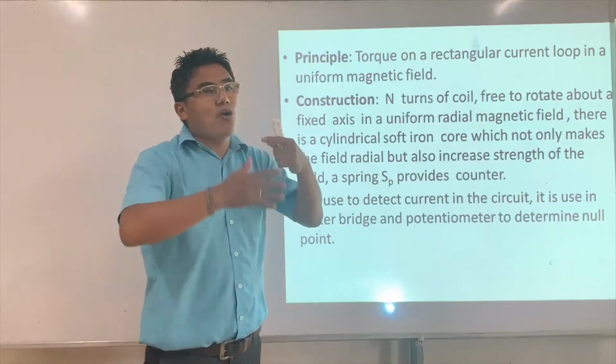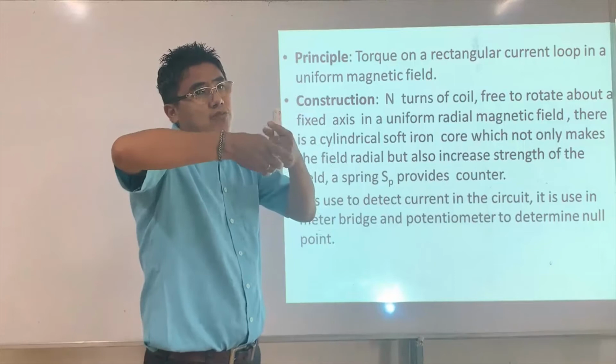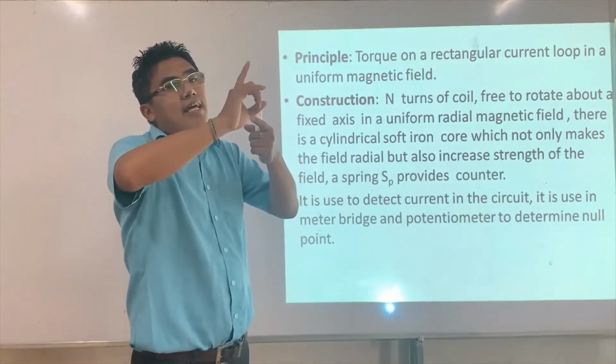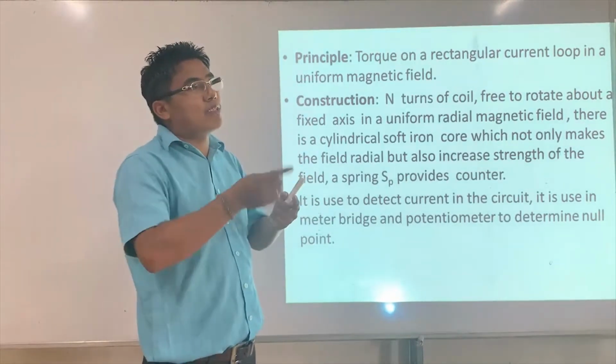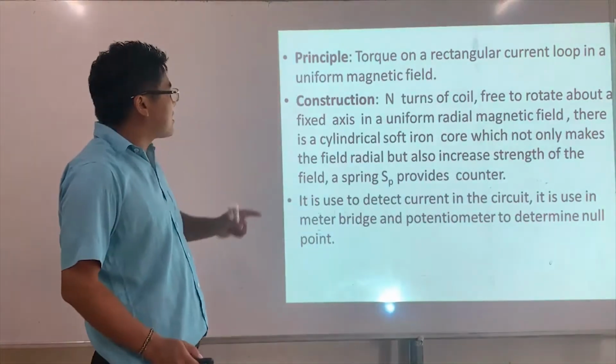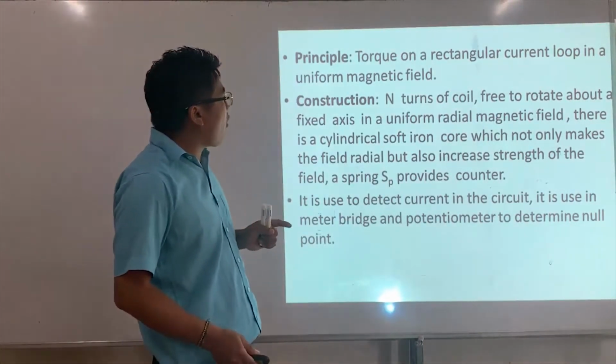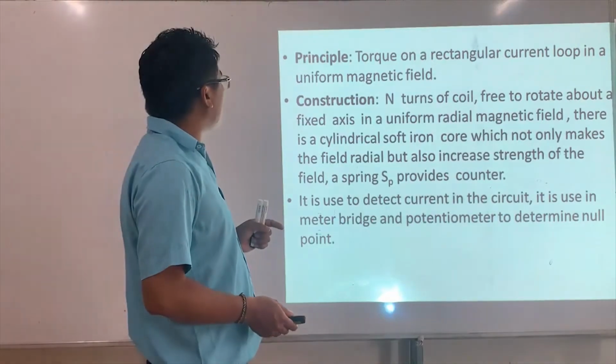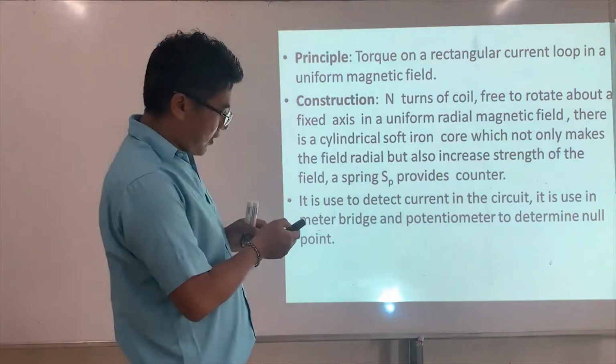So there will be a torque. When there is a torque, there is a rotation. When there is rotation, the pointer will move and we would detect a current. So this is the principle: torque on a rectangular current loop in a uniform magnetic field.